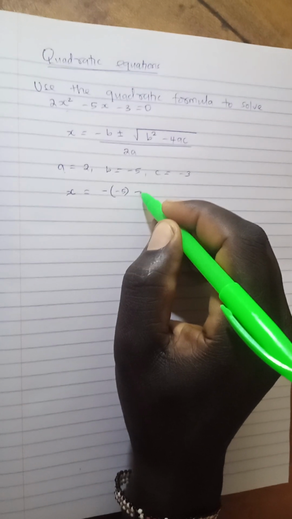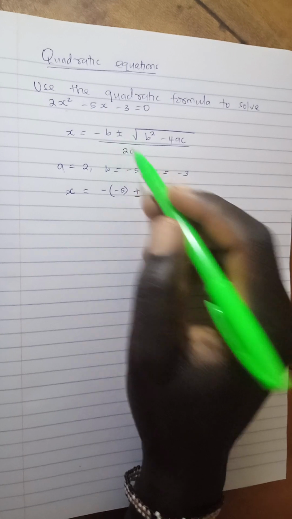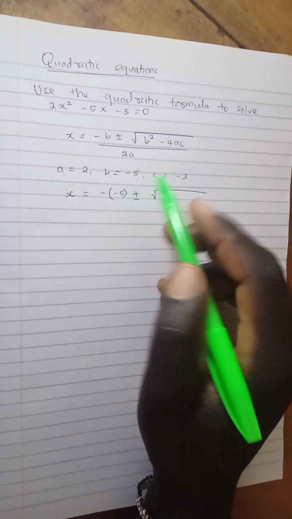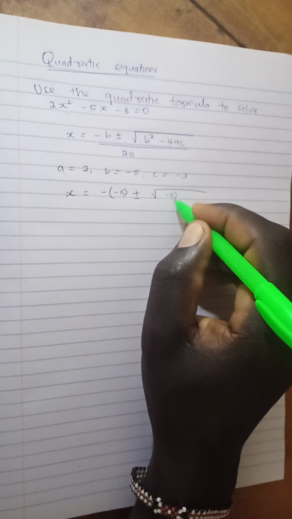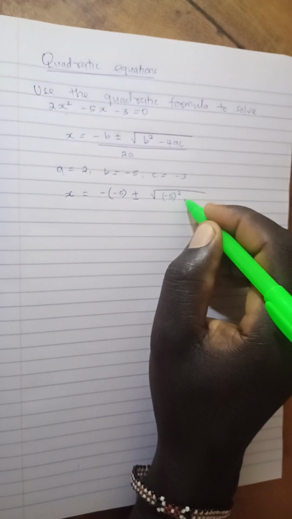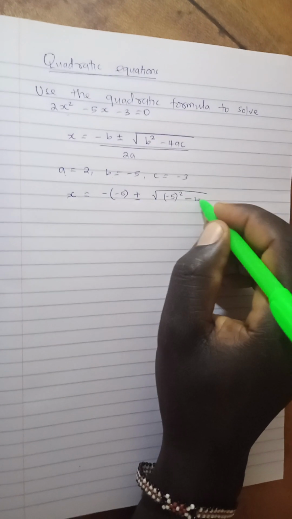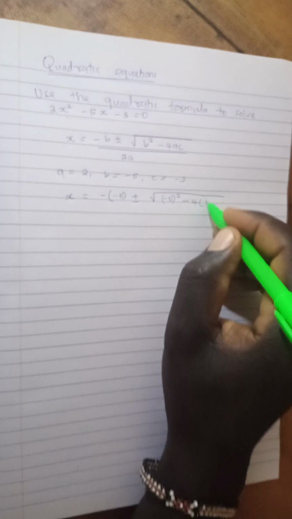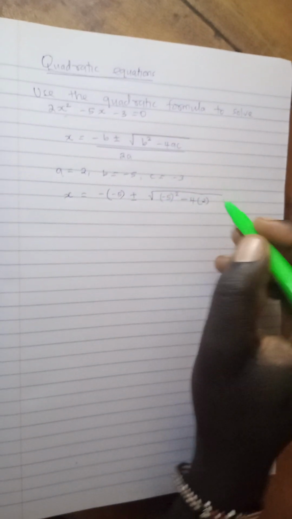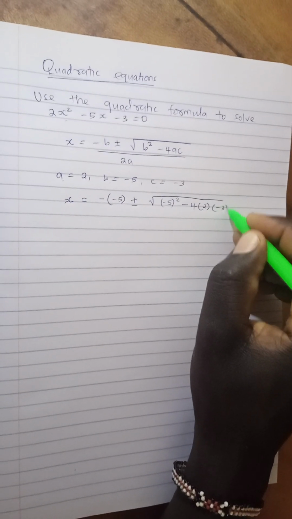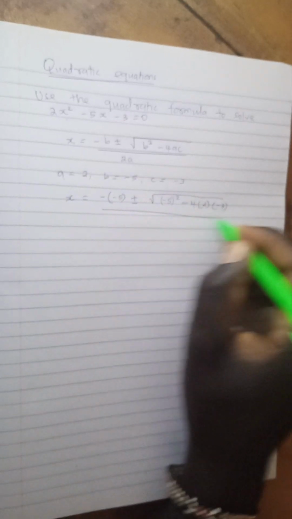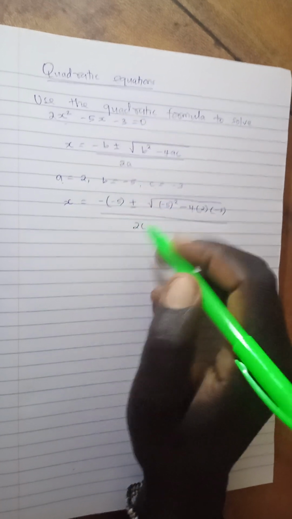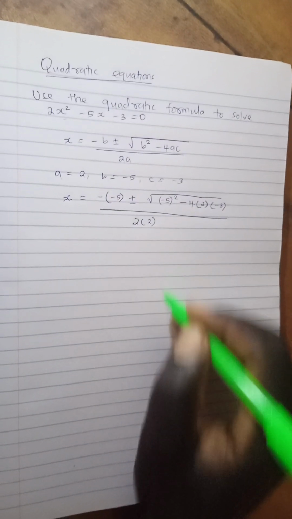Then plus or minus the root of b², that is (-5)², then minus 4a, our a is 2, and our c is -3. Then all over 2 into a, that is 2 into 2.